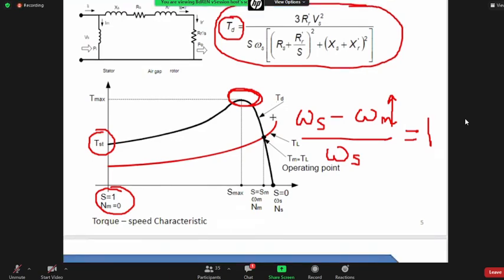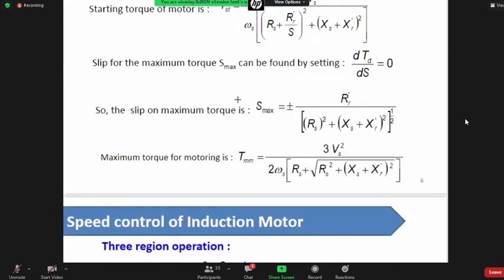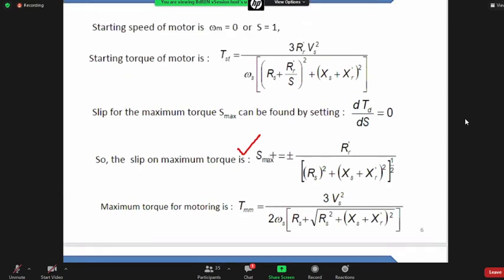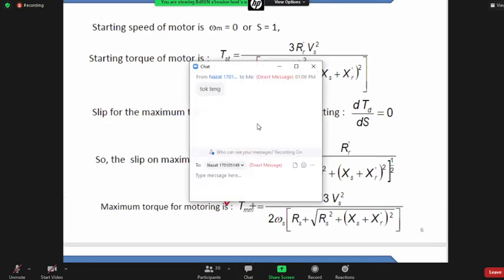In that case, you get an expression for s, which I call s max, that is related to the maximum torque. If you put this s max in the expression of Td, you come up with this expression for maximum torque.